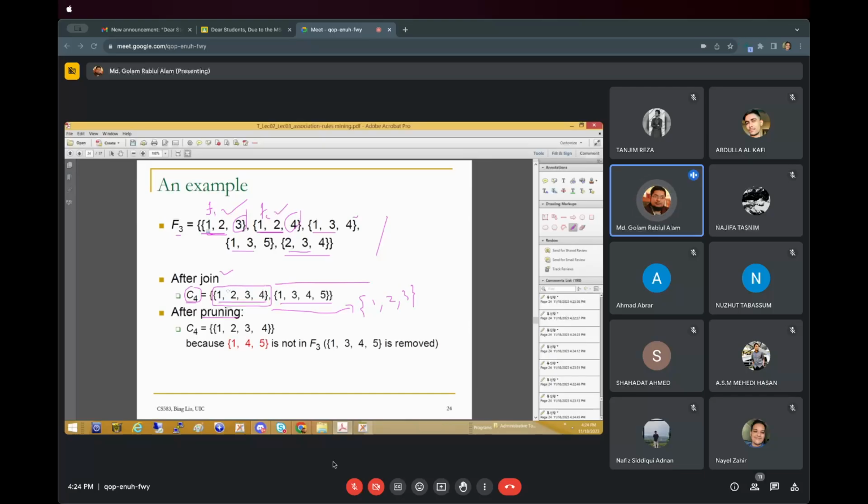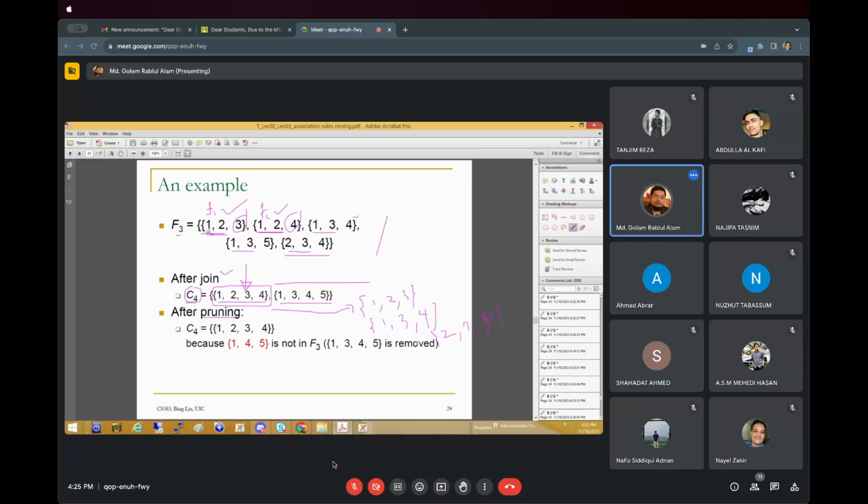Another can be 1, 3, and 4. Another can be 2, 3, and 4. So these are the possible subsets we can prepare from this one.